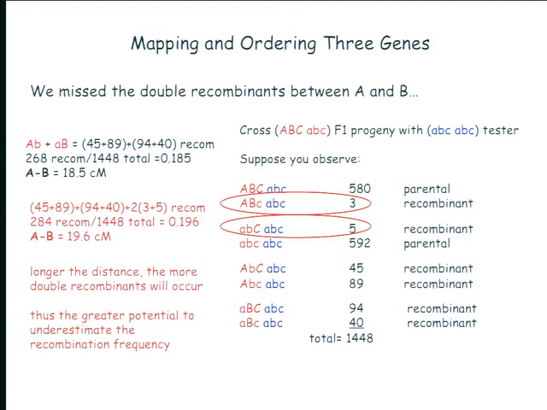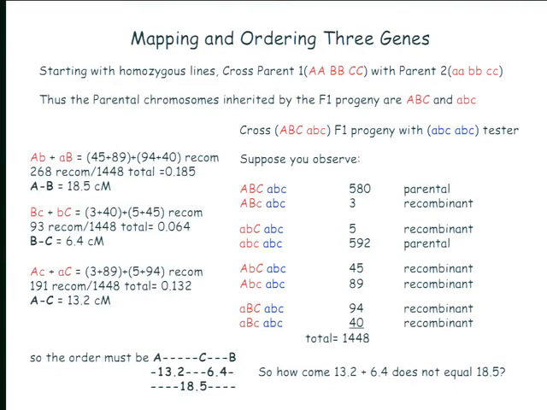All right. So adding all of these numbers together, we now have a total of 284 recombination events out of our 1,448 total progeny. That gives us a recombination frequency of 0.196, or 19.6 centimorgans. And I think we'll find if we add 13.2 and 6.4, we get 19.6.